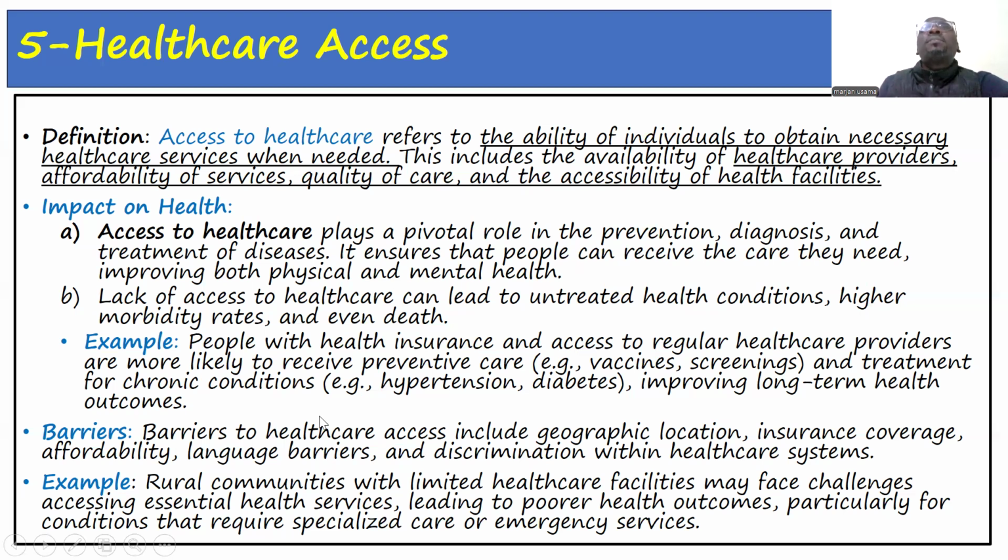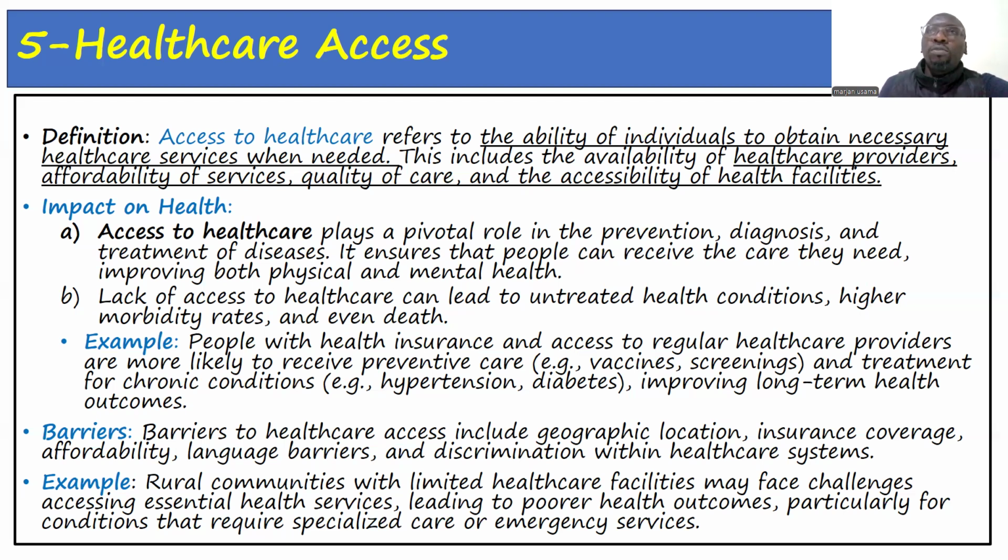So what are the barriers? Sometimes some people don't have access to what? To healthcare. So barriers to healthcare access include geographic location. Maybe the hospitals are very far. Insurance coverage, maybe you don't have enough health insurance. Affordability, maybe you don't have enough money. Language barrier, sometimes you go to the hospital, but there is a language barrier.